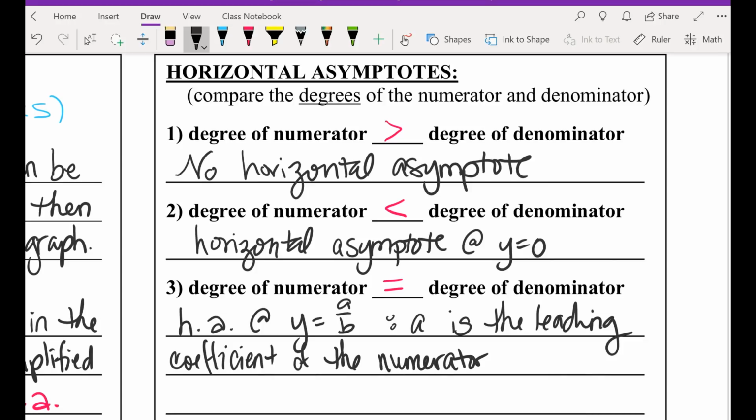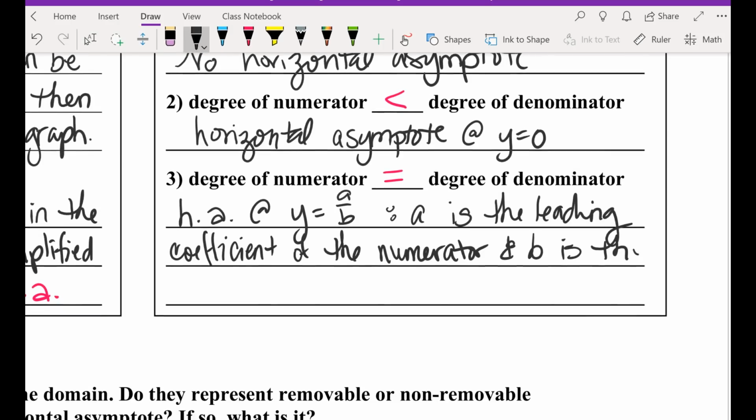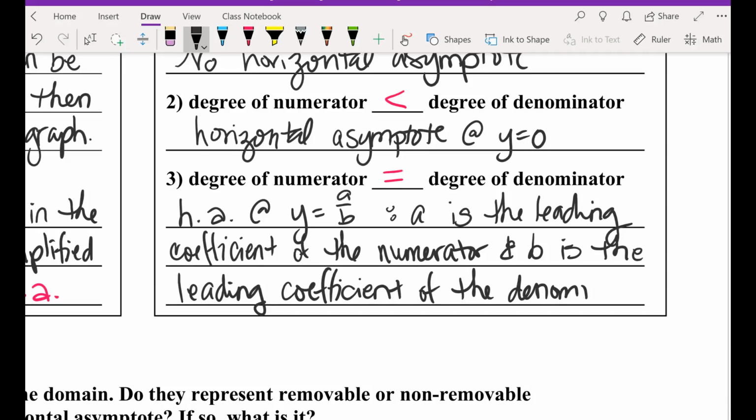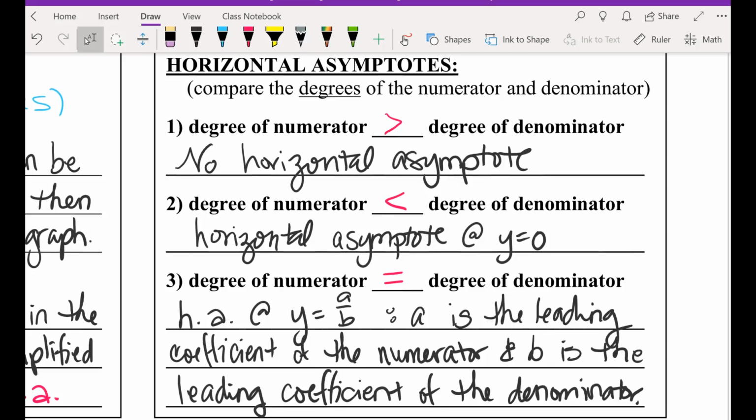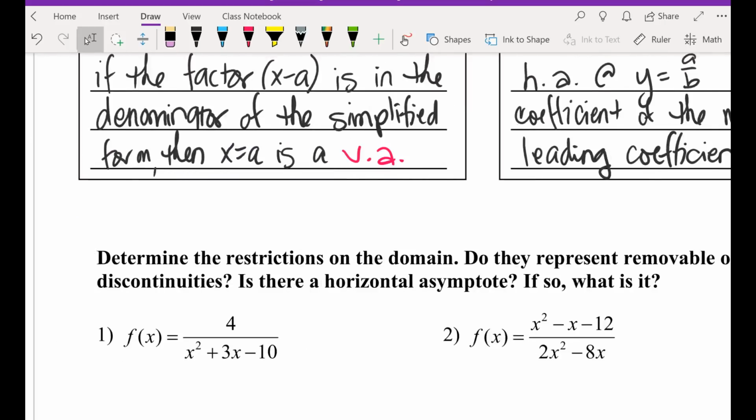I can't hear you, but good job. Yes, I'm sure you figured it out. And b is the leading coefficient of the denominator. Now, if I went too fast on these explanations, you can always pause it and go back, which is nice about these videos. Okay, so horizontal asymptote has to do with the degree and the comparison between that of the numerator and the denominator.